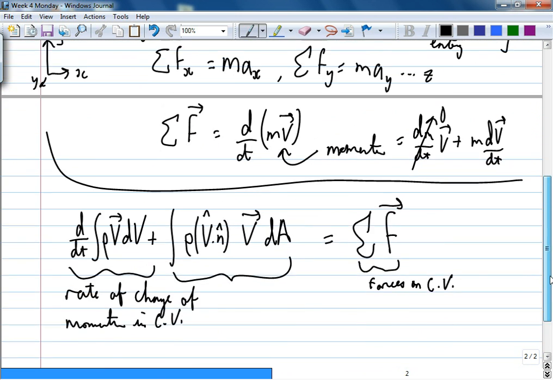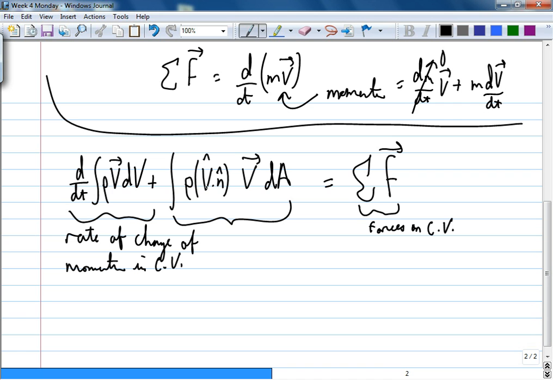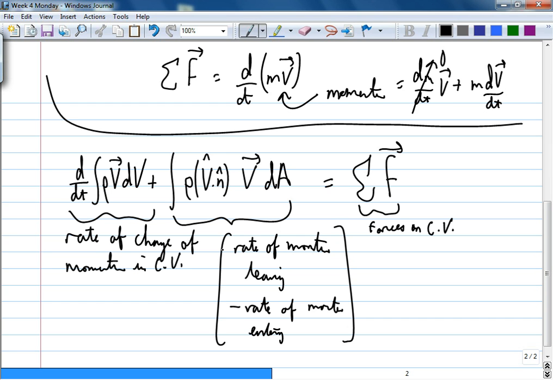Momentum. Again, this rho V dot n will make sure the leaving is positive and entering is negative. So instead of mass multiplied by velocity, it is the rate of momentum leaving minus the rate of momentum entering.